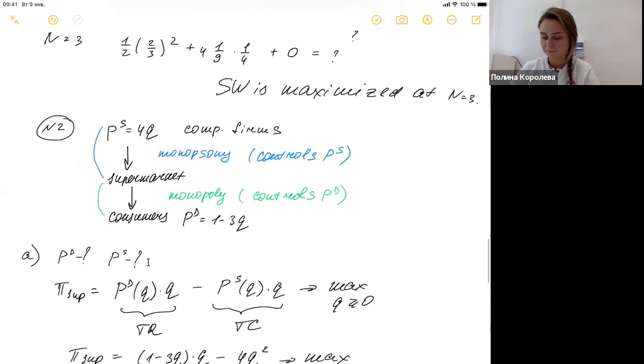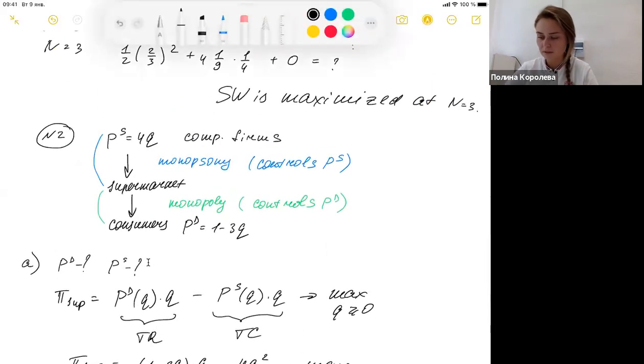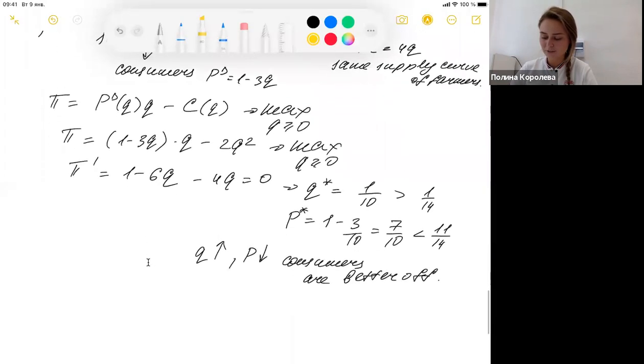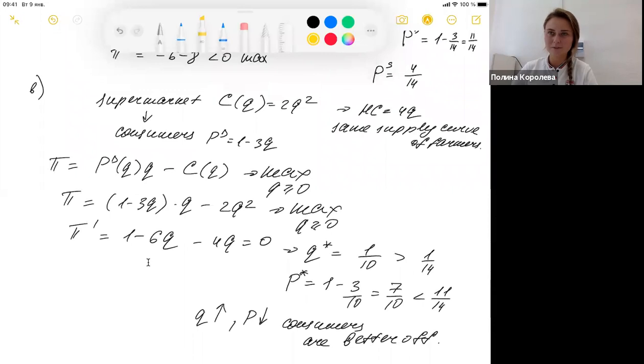So we see that in the first vertical situation we have 2 stages, so 2 market powers of a supermarket. In this stage and in this stage. Now our supermarket has influence only on consumers.